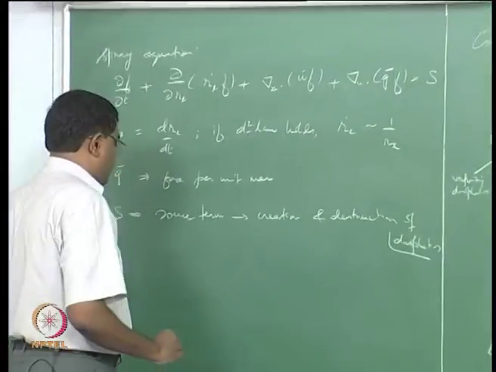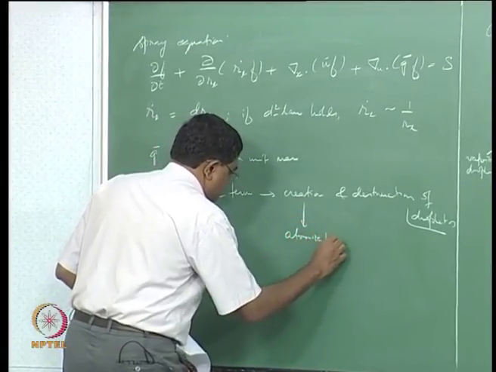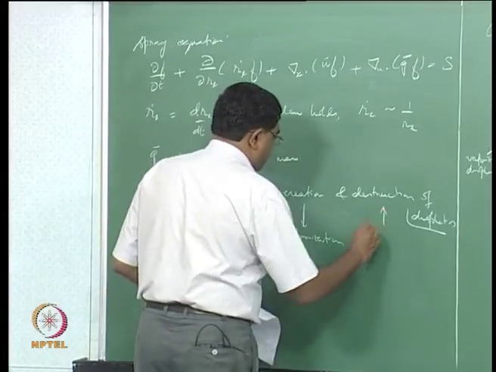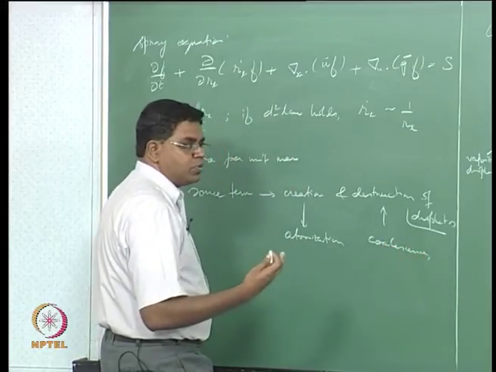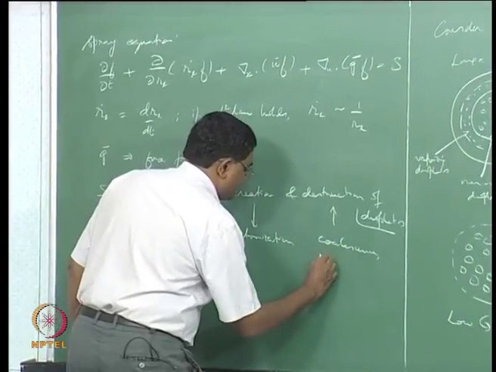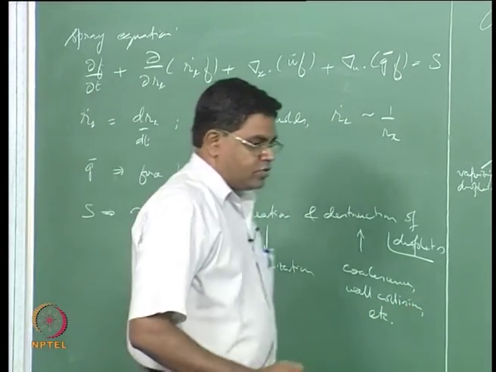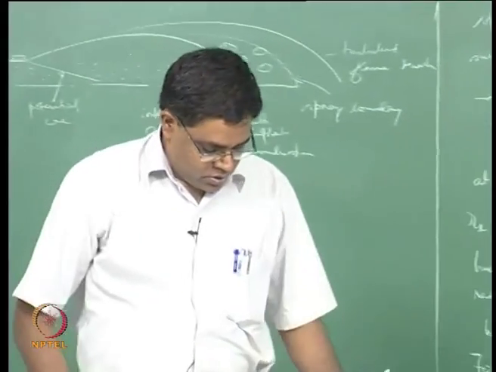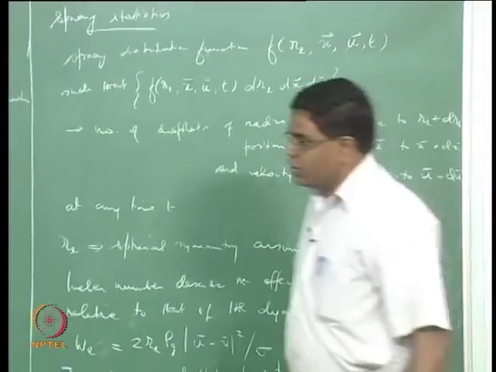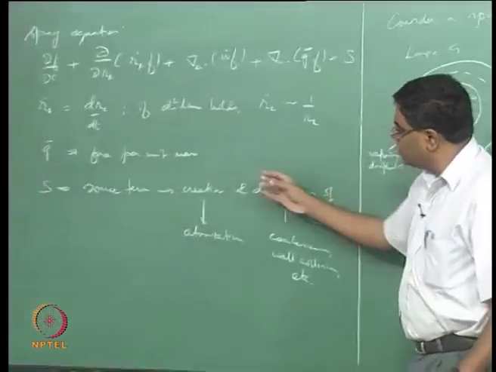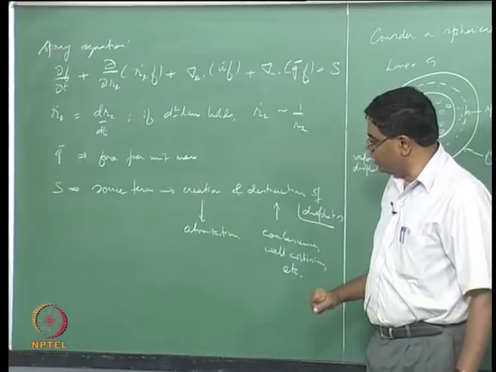Creation is, for example, by atomization, and destruction is by coalescence and impingement with the wall, wall collision, etc. It's like what's called the population equation that keeps track of the droplet population given by f, and what you're looking for is how droplets get created and destroyed as a source that's dynamically going in a flow field.